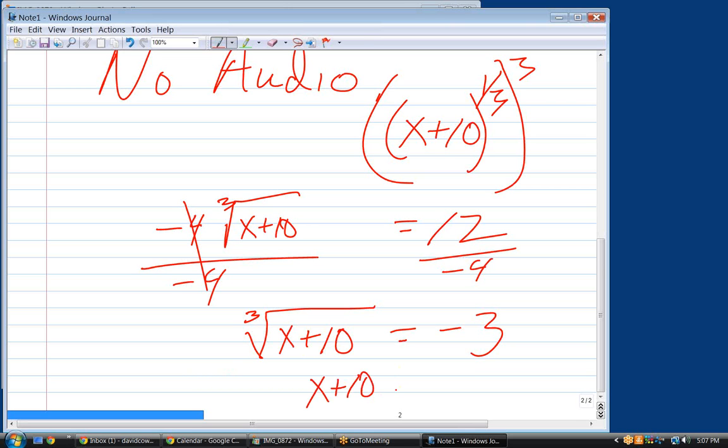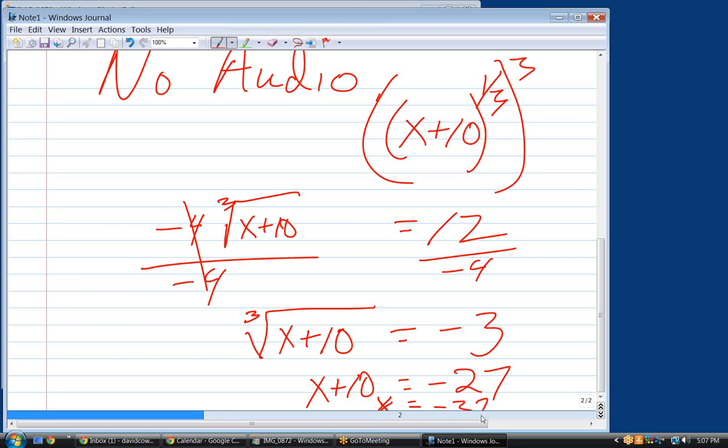What's minus 3 cubed? Negative 27. Now what's x? You subtract from both sides. X equals negative 37.